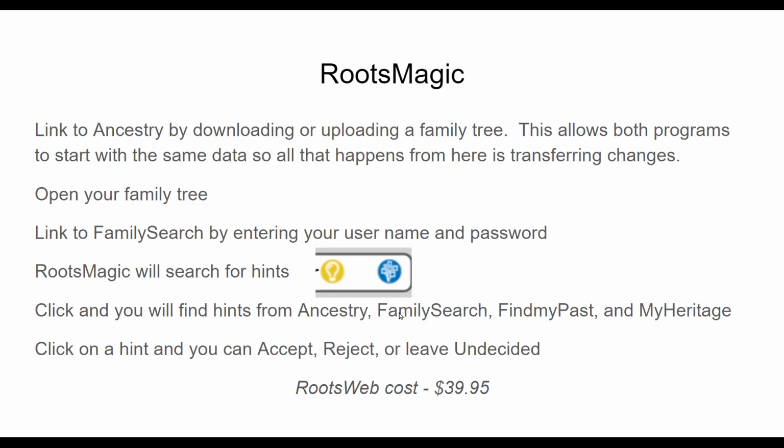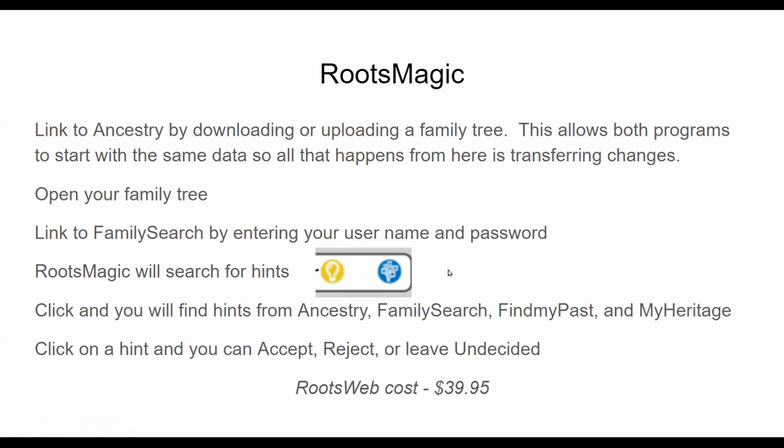So when you do that and you open up your Roots Magic, we'll go to Roots Magic in a minute, you have to sign into Family Search too. And you're going to see this little funny symbol with a pair of indicators.